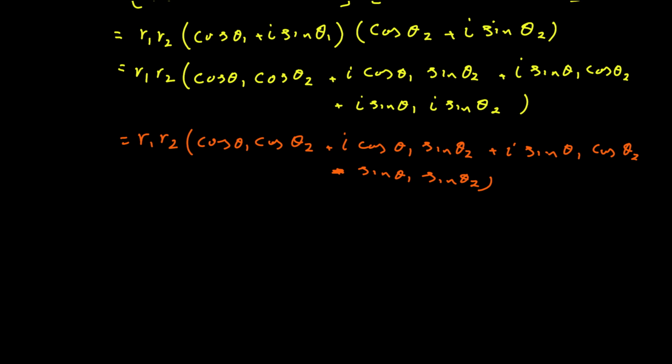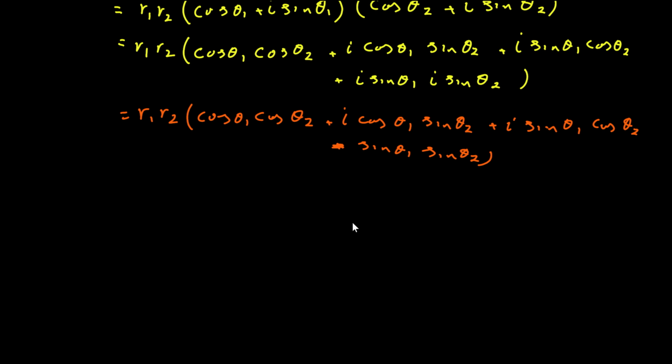Now the next step is grouping them together. What I can do is get the terms that I know are going to be one of the identities. One of the identities that we knew regarding sine and cosine multiplication is the addition identity. What was the addition identity?